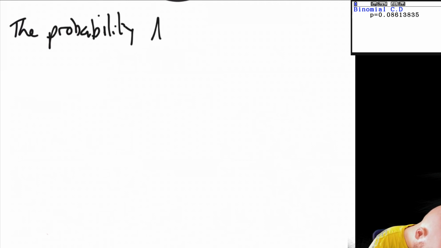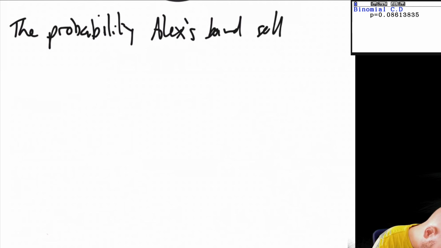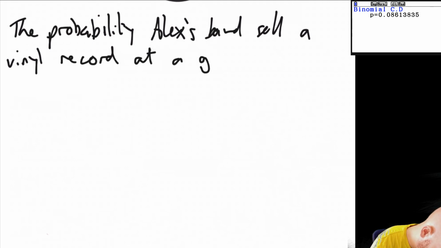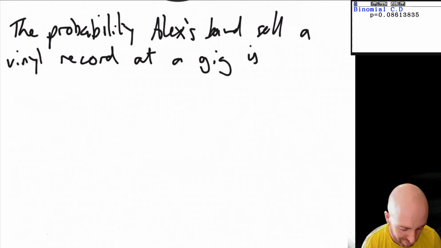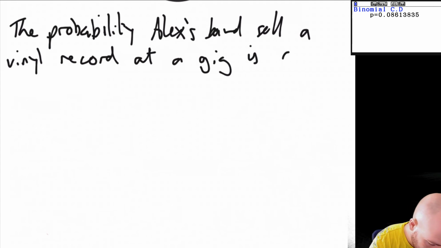So the probability Alex's band sell a vinyl record at a gig is 0.125.